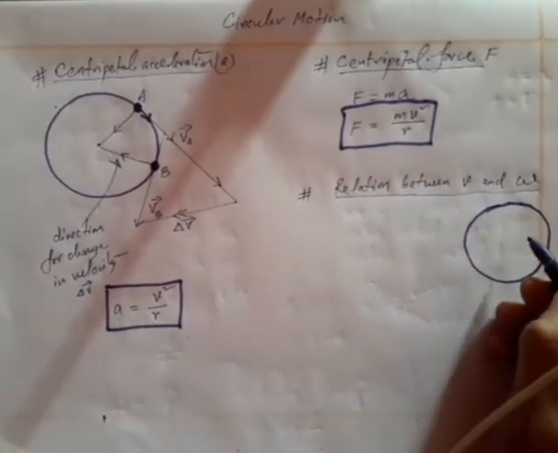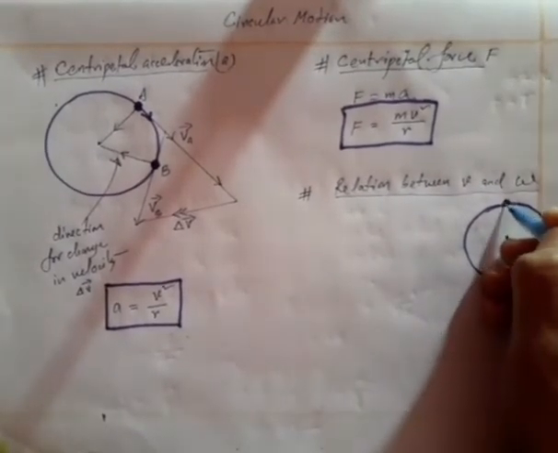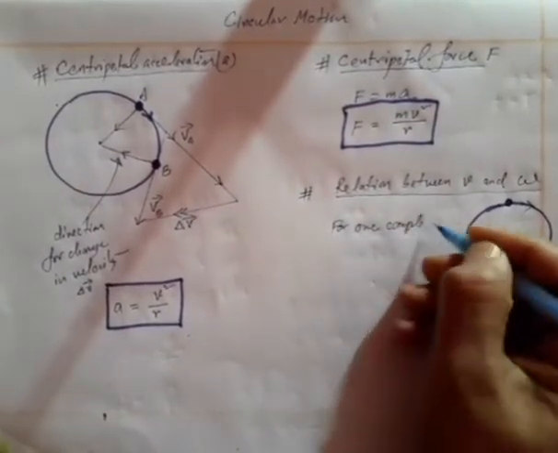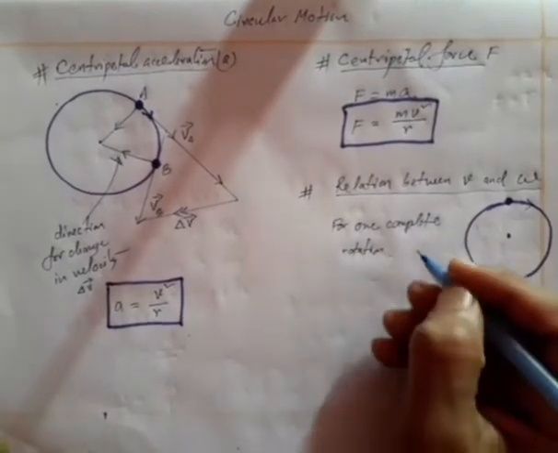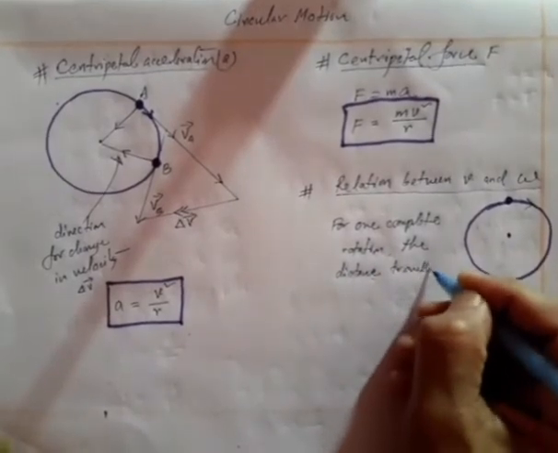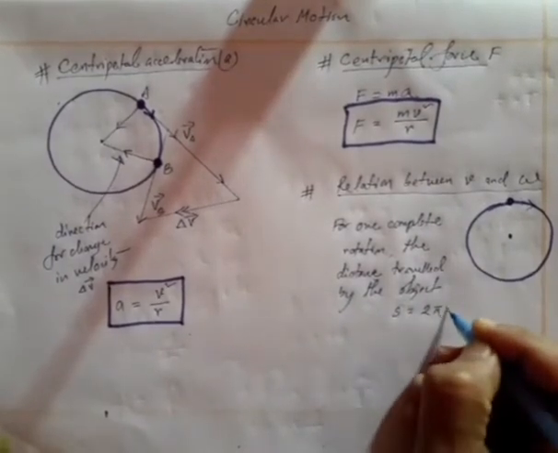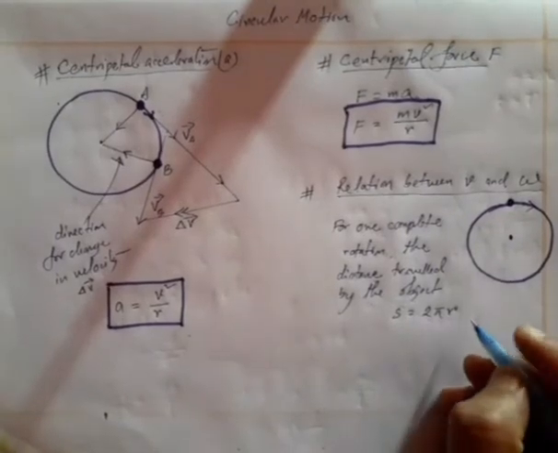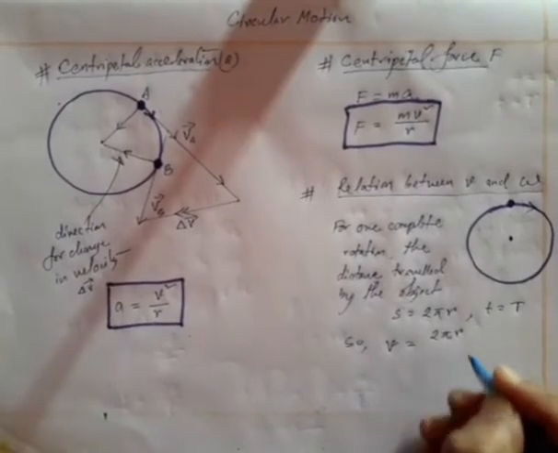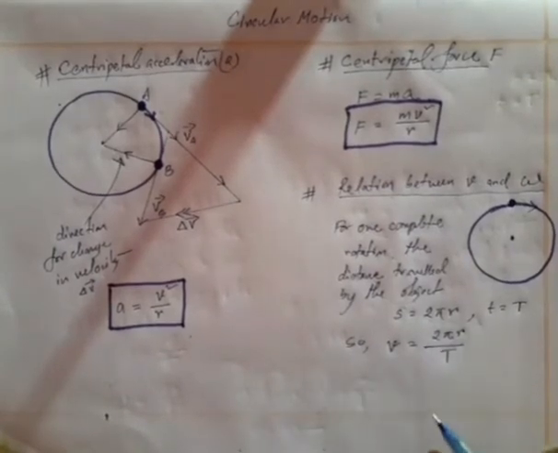For one complete rotation, the total distance traveled is the circumference of the circle, 2 pi r, and the total time is capital T. So the linear velocity will be total distance by time, that is 2 pi r by T. V equals 2 pi r by T.